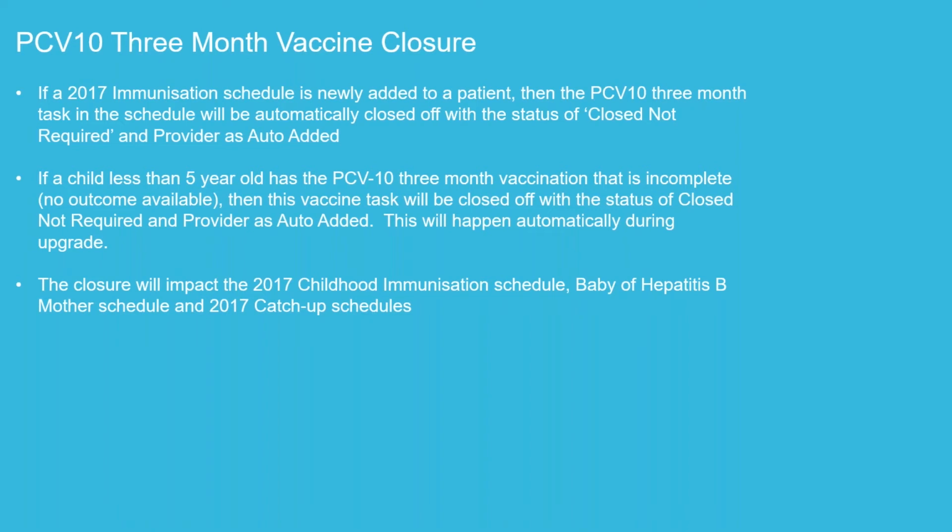If a child less than 5 years old has the PCV10 3-month vaccine that is incomplete, then this vaccine task will be closed off with the status of closed not required and provider as auto-added. This will happen automatically during the upgrade. The closure will impact the 2017 childhood immunisation schedule, the baby of Hep B mother schedule, and the 2017 catch-up schedules.